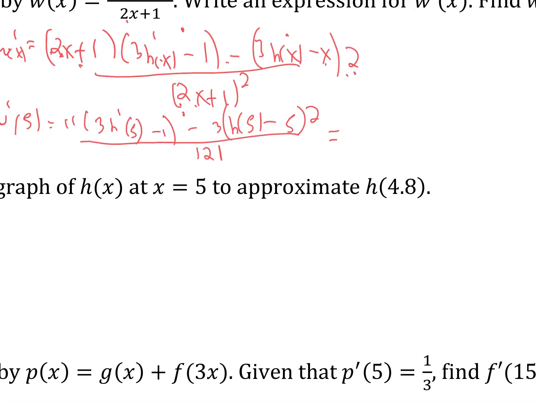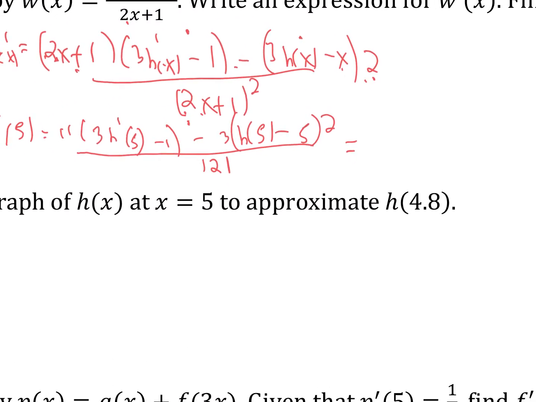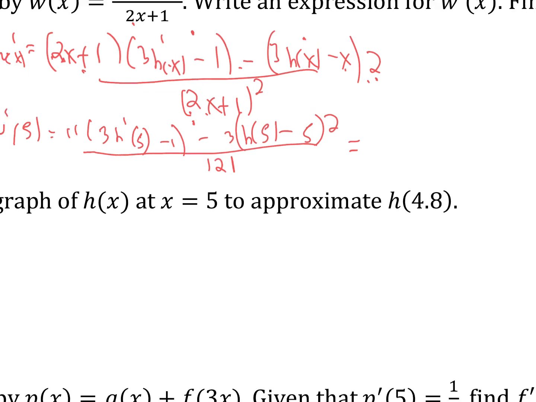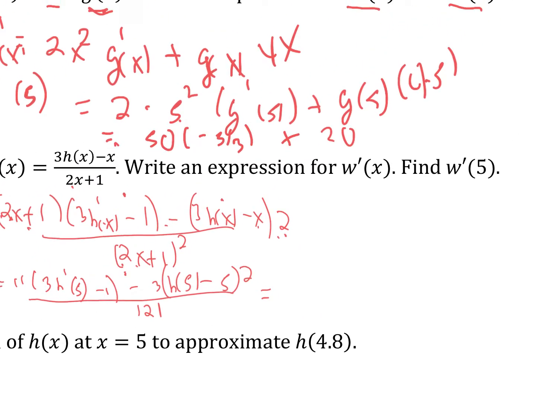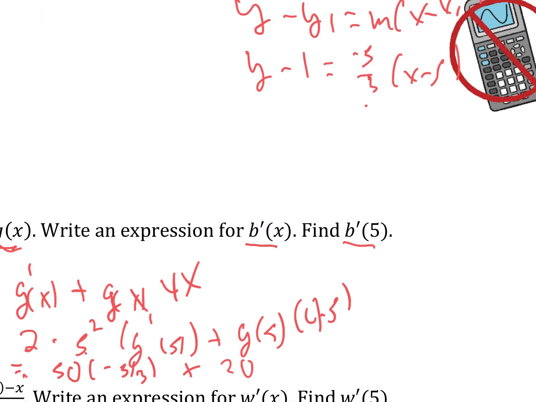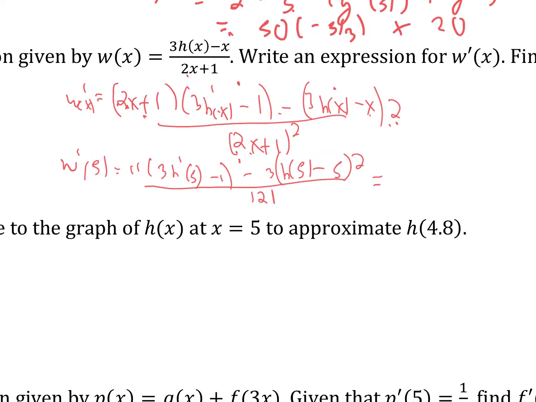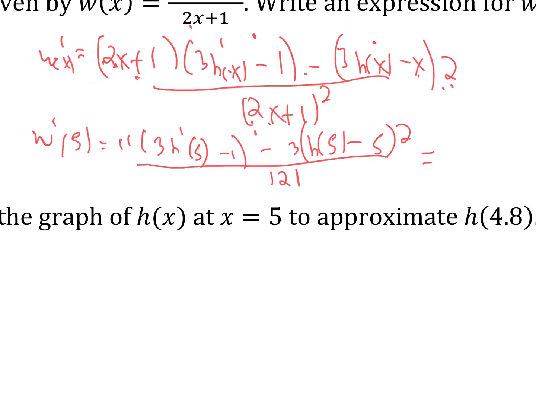So, what was I doing here? I had an 11 times 3 times h prime. I already forgot the fraction again. Oh, negative 5/3. The good news is that the thirds cancel out that 3, so it's just a negative 5. So it's 11 times negative 5 minus 1. That'd be a negative 6.